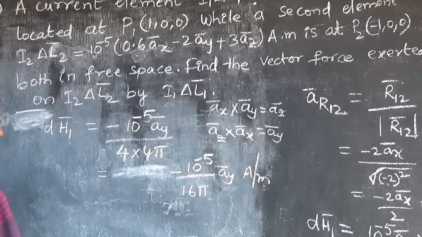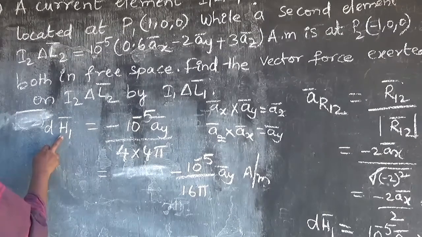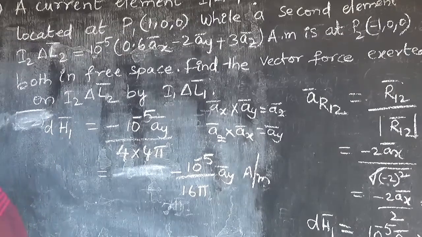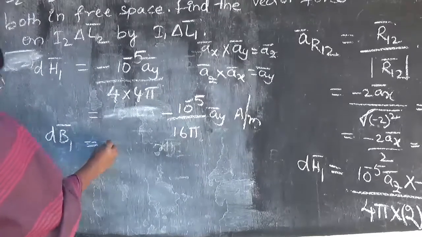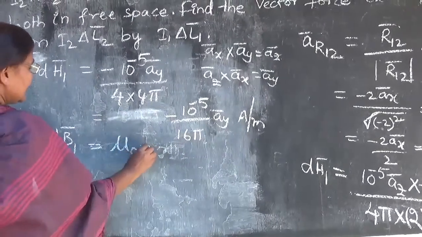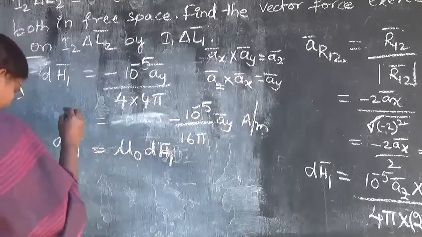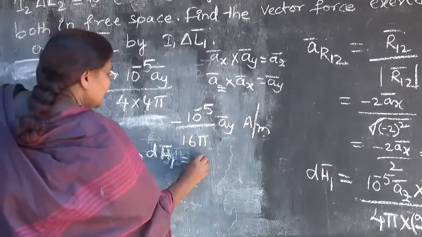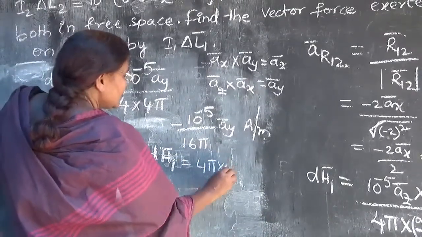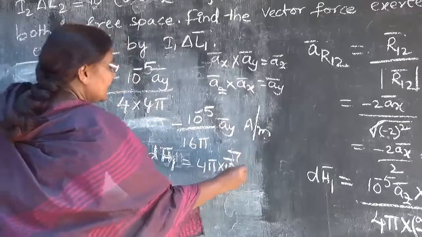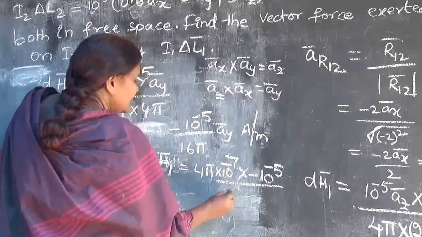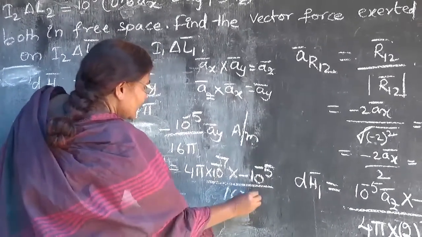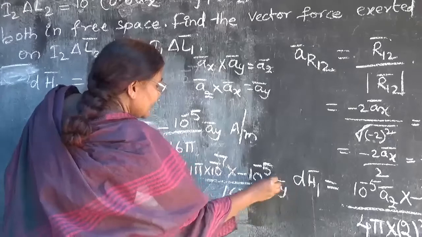But what we actually need is not the field intensity, we need the flux density. So magnetic flux density dB1 bar is going to be mu naught dH1 bar. That is nothing but 4 pi into 10 to the power of minus 7 into minus 10 to the power of minus 5 by 16 pi into AY bar.